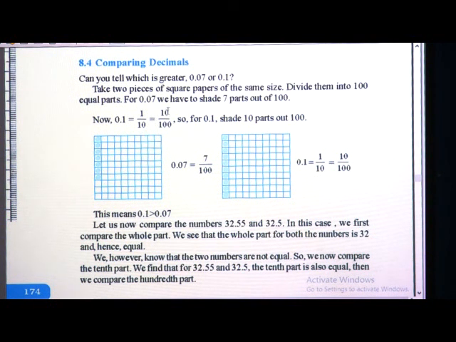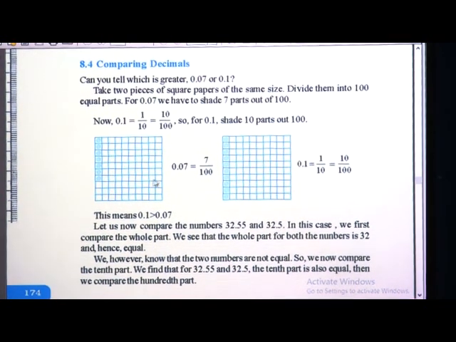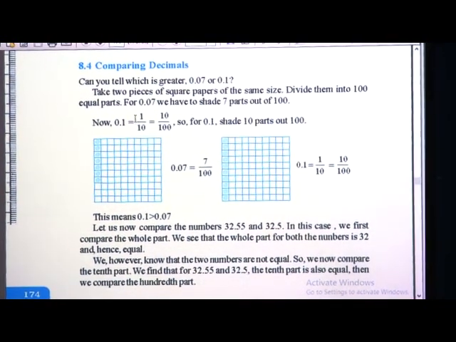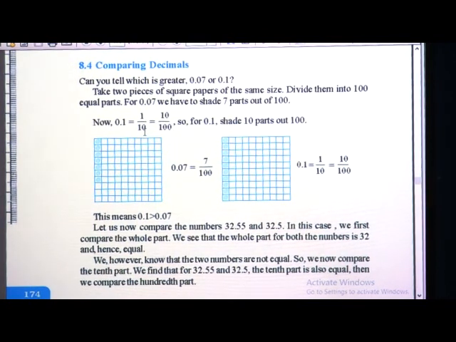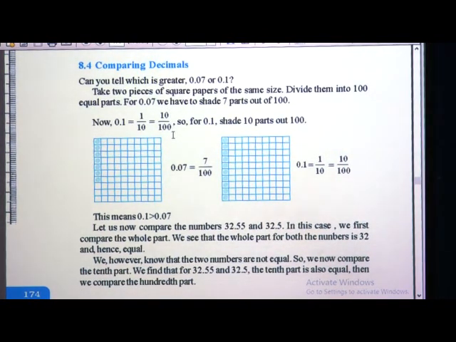We have to convert it into an equivalent fraction, because unless we have the same denominator, we can't compare. So, 0.1 we get 1 by 10, it should be converted into an equivalent fraction. 1 tens are 10 and 10 tens are 100, we get 10 upon 100.